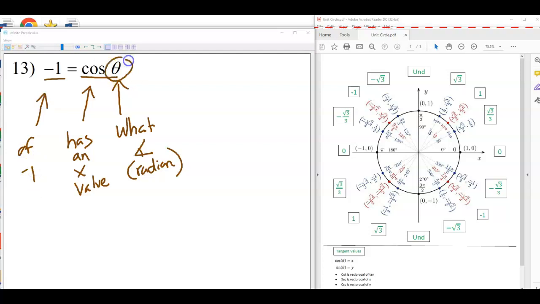Okay, so what angle has an x value of -1? Well, let's look at our unit circle, and let's find all the places where there's an x value that's a -1. I only see one, and it's right here. And the angle that goes with that, or the radian, is pi. So the answer is pi.